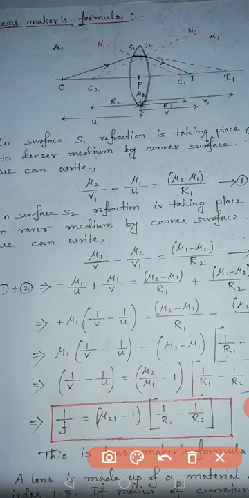Fine. Now suppose, when we are considering the S1 surface, the S2 surface is absent. There is no S2 surface. So if you extend it, it looks like this, no? This one, then like this. So this medium is a denser medium. Now if the second surface is absent, where will be the position of the image?